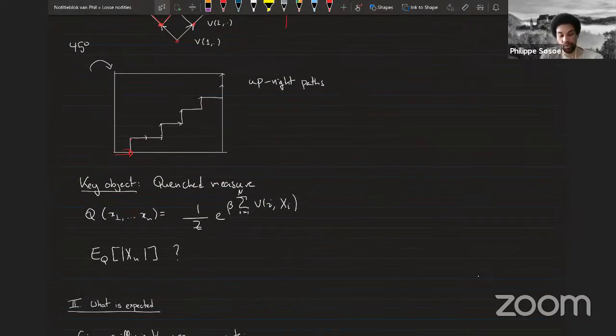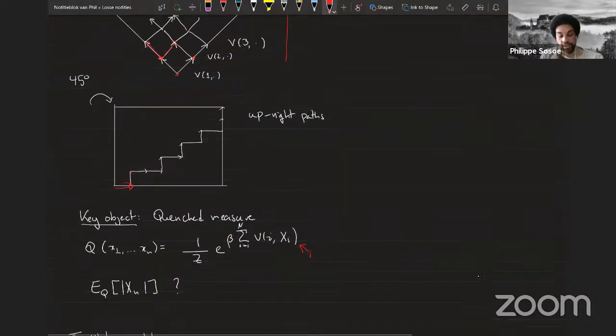In other words, what's the expectation with respect to this quenched measure, this random measure that gives weight to each path proportional to this exponential Gibbs factor? According to that measure, what is the location of xn?